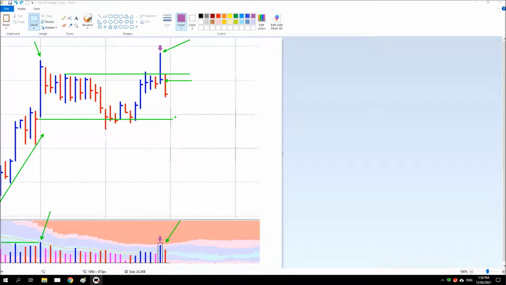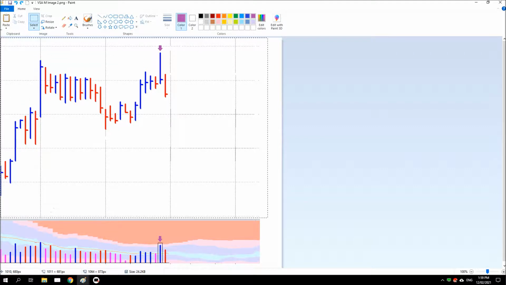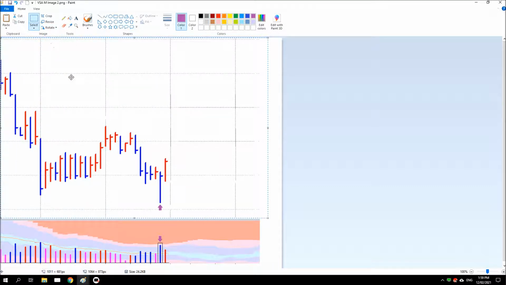Now, if I get rid of all of that and we turn it upside down, you'll see now the chart's the mirror image opposite of what I was showing before, and that upthrust is now a shakeout on high volume.